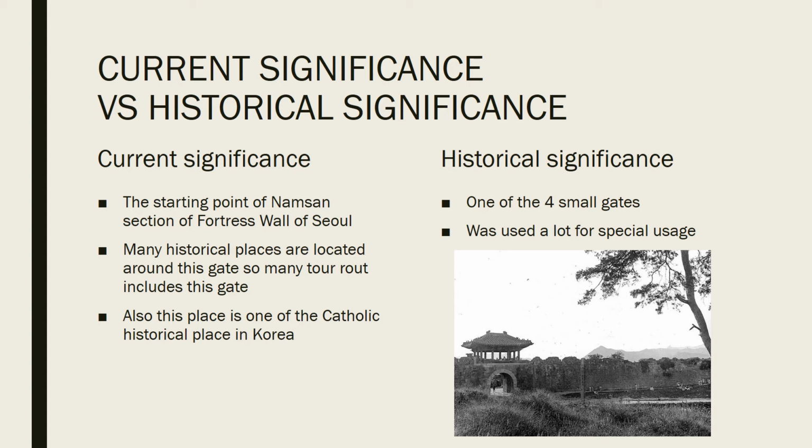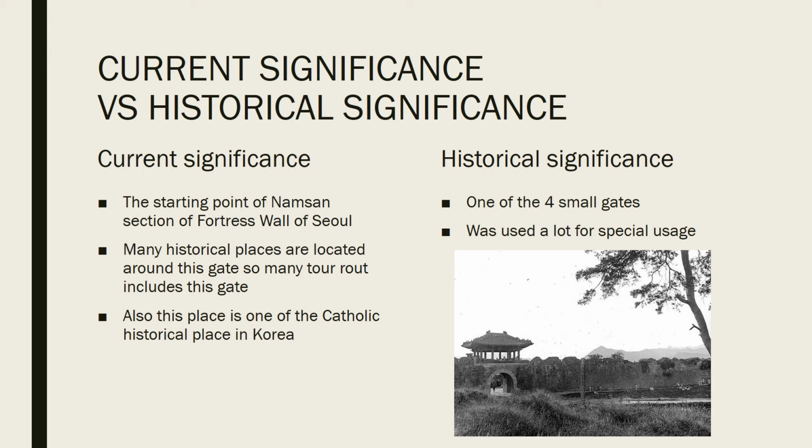So many tour routes include this gate, which is also very significant. And lastly, this place is one of the Catholic historical places in Korea, which I mentioned before. So this gives this place current significance.